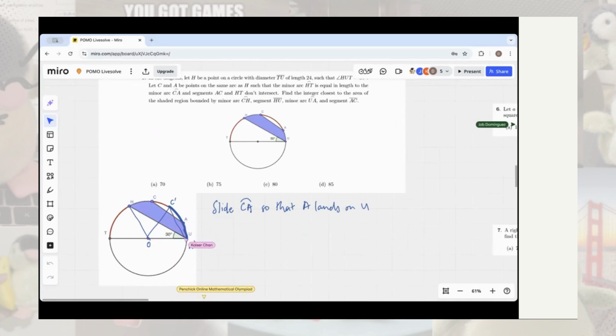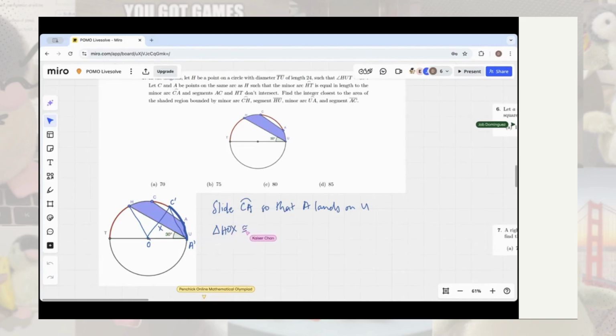So you should notice that, this is X. You should notice that HOX is congruent to A prime C prime X. I'll write that down.